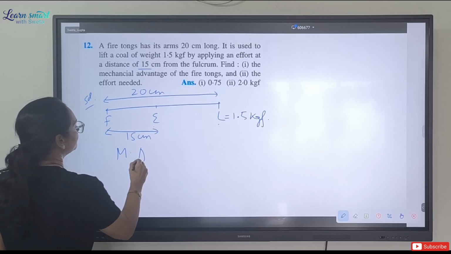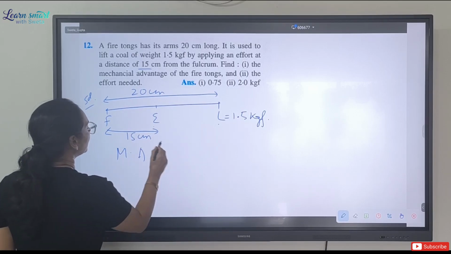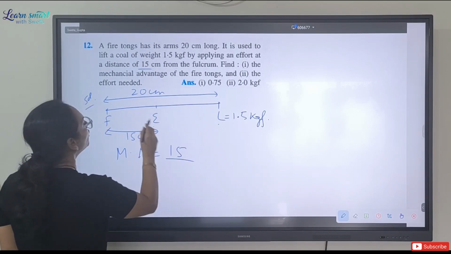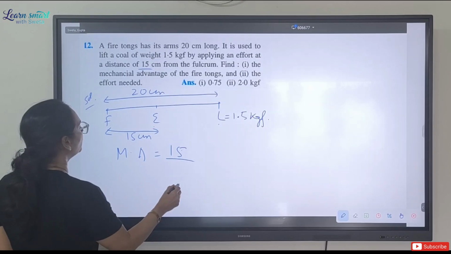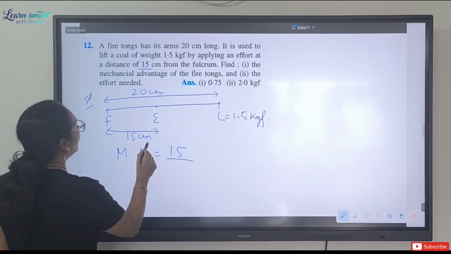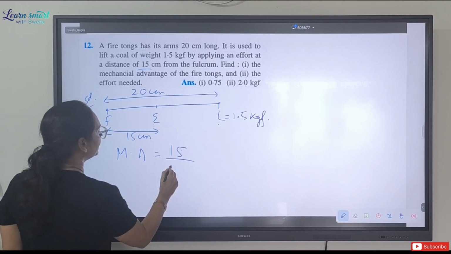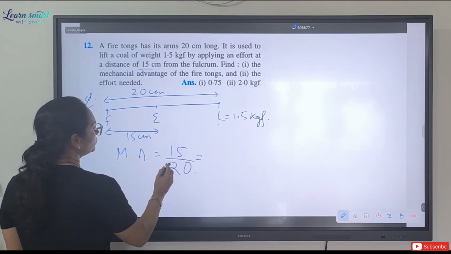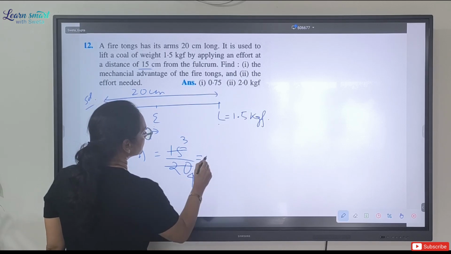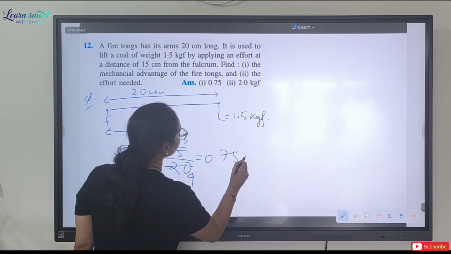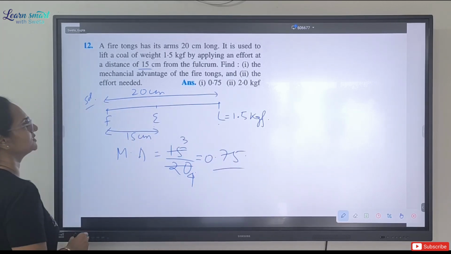So mechanical advantage is effort arm by load arm. Effort arm is 15 and load arm is 20. So we will get 0.75. This is the mechanical advantage.